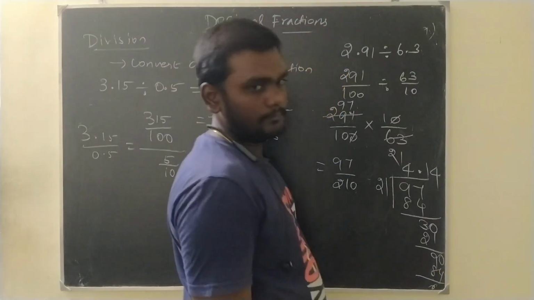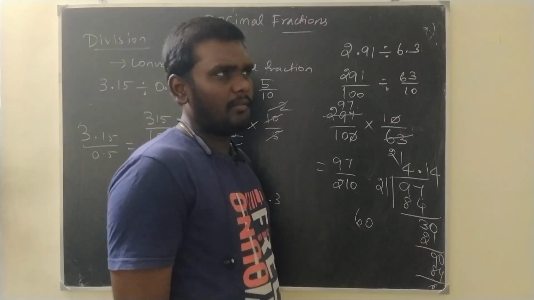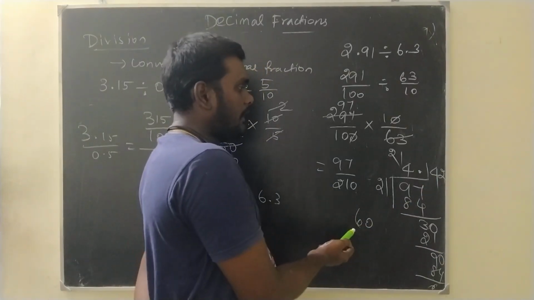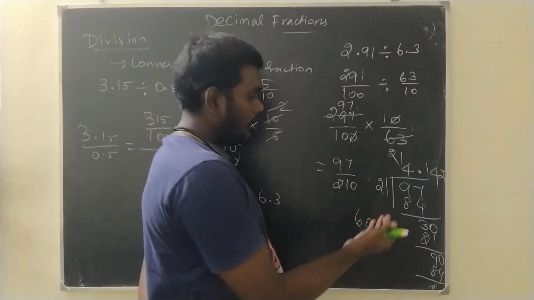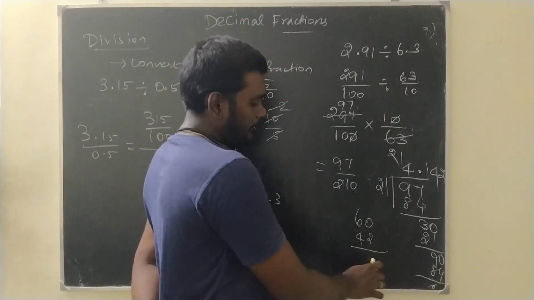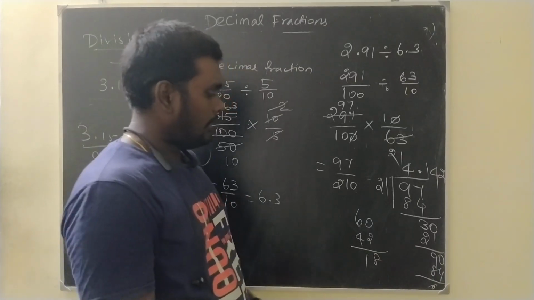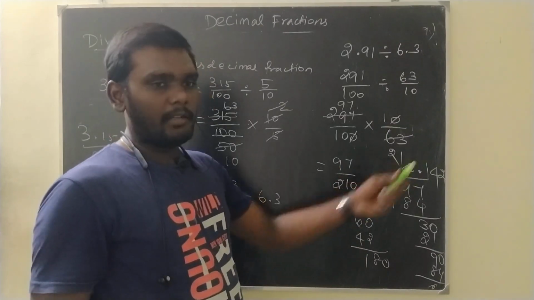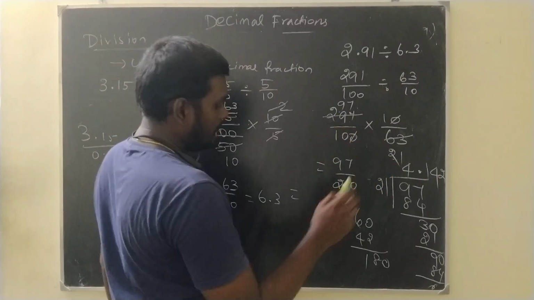Then remaining 6. Again 1 0. 60 means 3 times will not come, only 2 times will come. 2 times is 42. Then remaining 18. Then again add 1 0. It goes on, so you can take the approximate value 4.142, it is enough. So 97 by 21 only I did.